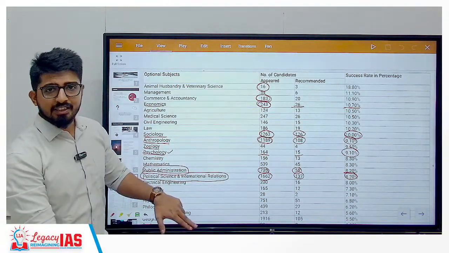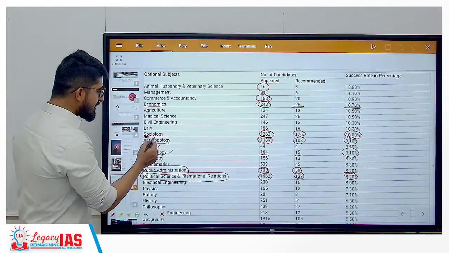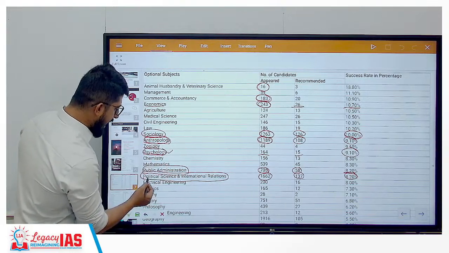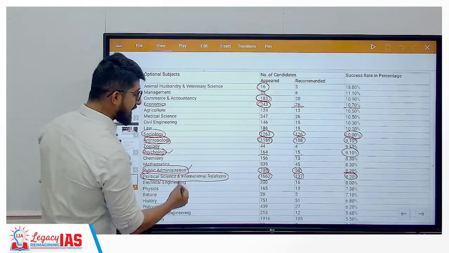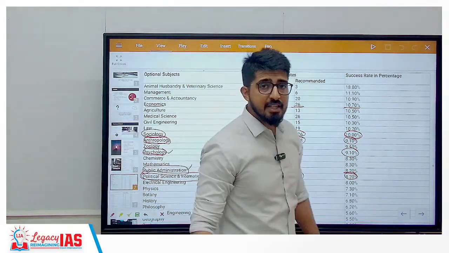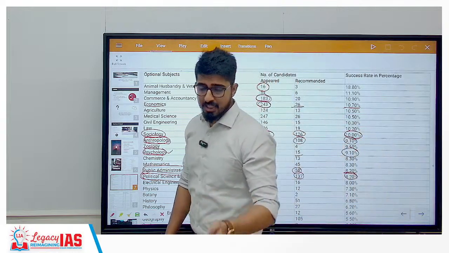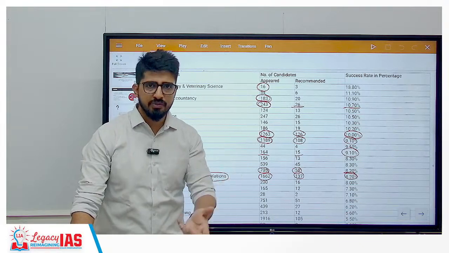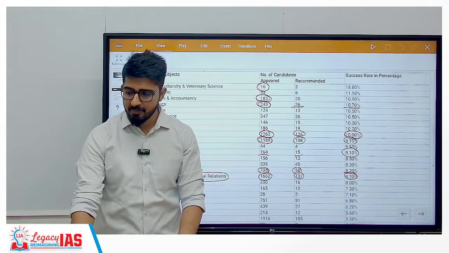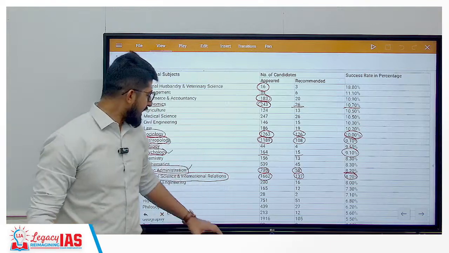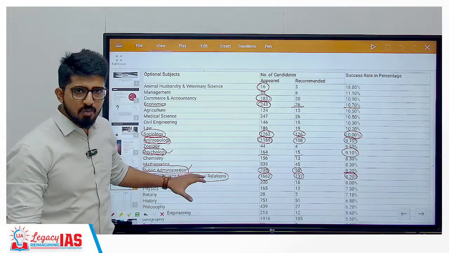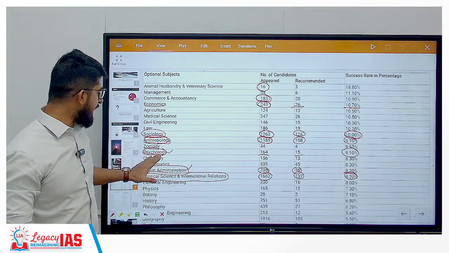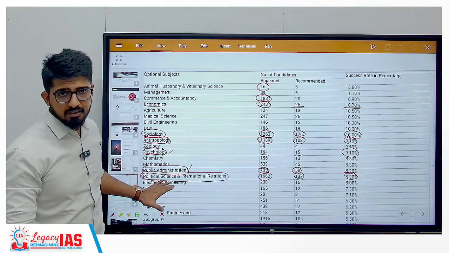Now you see the reason why we provide as optionals only sociology, anthropology, psychology and political science. Public administration could have been provided, but the nature of the subject is such that it requires a lot of current affairs to be at your fingertips. At least 2 years of current affairs are necessary. That is the reason why it is not provided as an optional here. So these are the 4 that we provide: sociology, anthropology, psychology and PSIR, right?